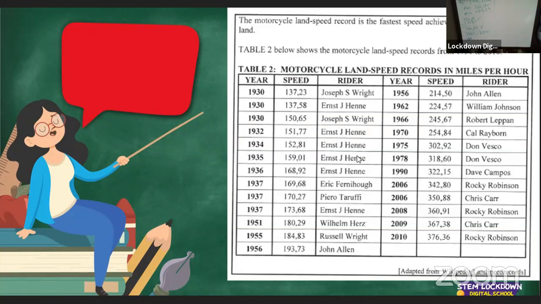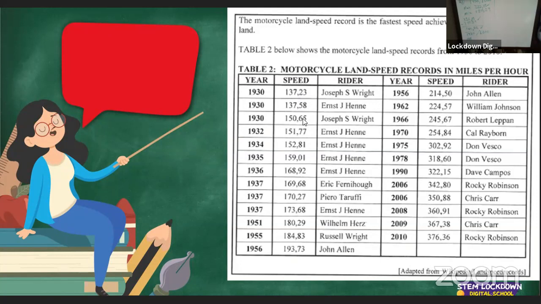So that automatically means it's a record. It's a lane speed record. Because if you have a value that is greater than the previous value, automatically that value becomes a record. So that is basically what you wanted me to add here.